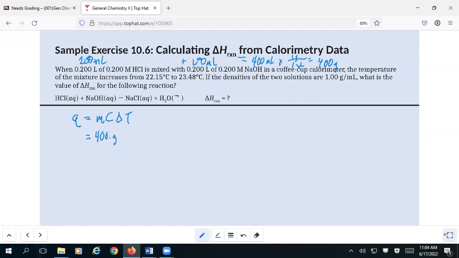The specific heat, we're going to assume that this, like most aqueous solutions, is close enough to water's values. So we're going to put in here 4.18 joules per gram degrees Celsius. And the change in temperature, final temperature 23.48 minus initial temperature 22.15 degrees Celsius.